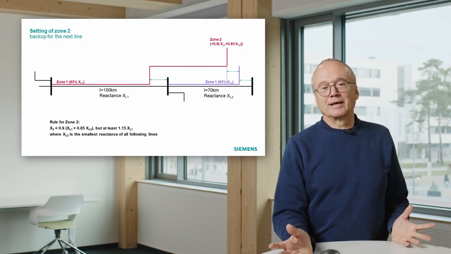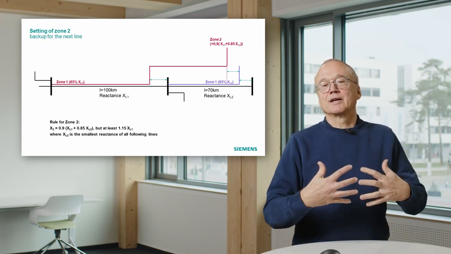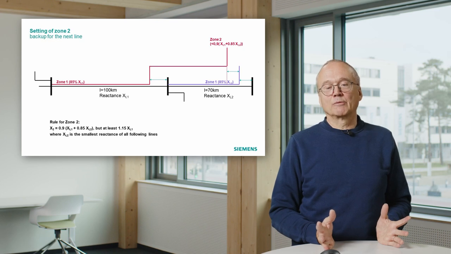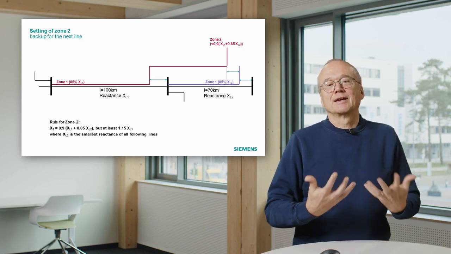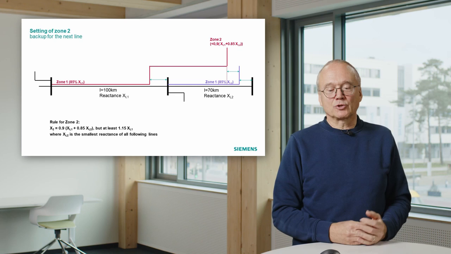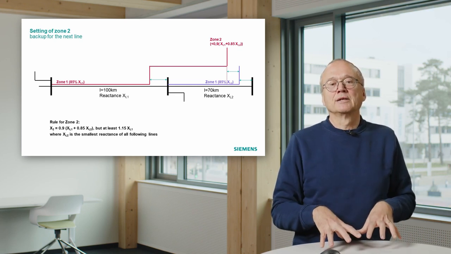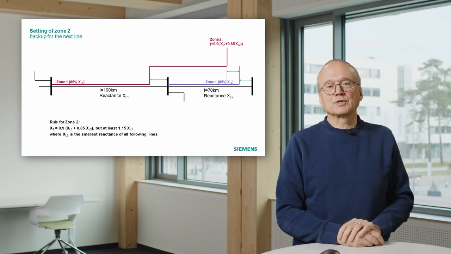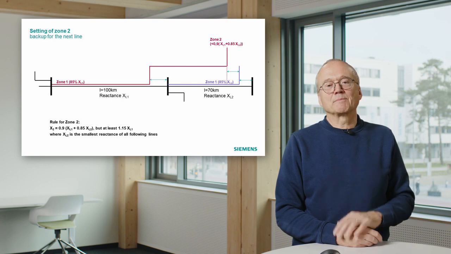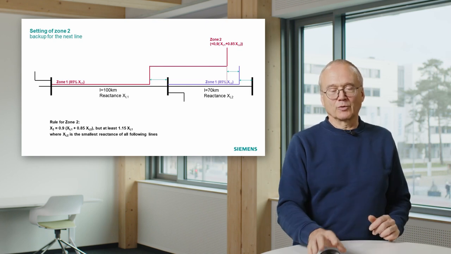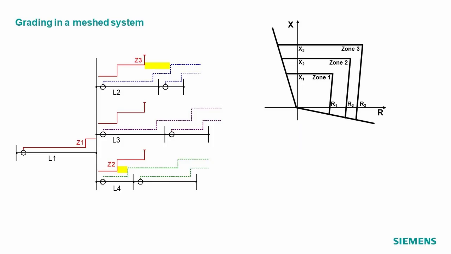And you can imagine, if you want to do that calculation for a bigger system, doing that by hand is a bit of a tricky thing. And for that reason, this type of grading, calculating of the zones, is normally done by computer programs. The program Syncal I mentioned is able to do the grading of a distance relay. And then you end up, for instance, in such grading diagrams as indicated here on the left side.